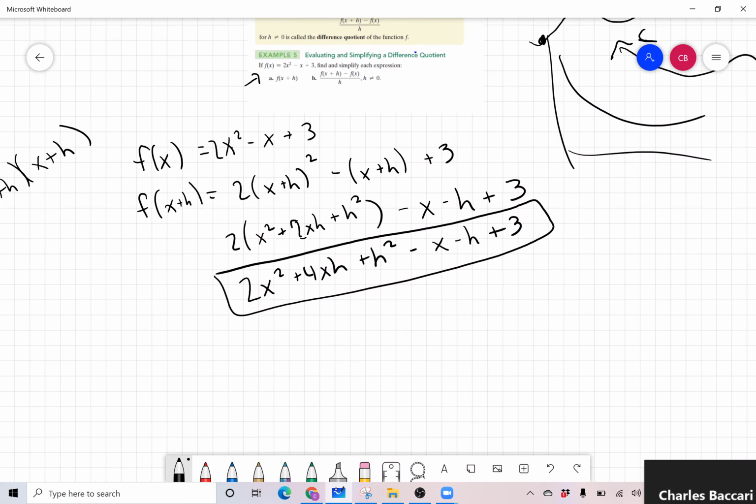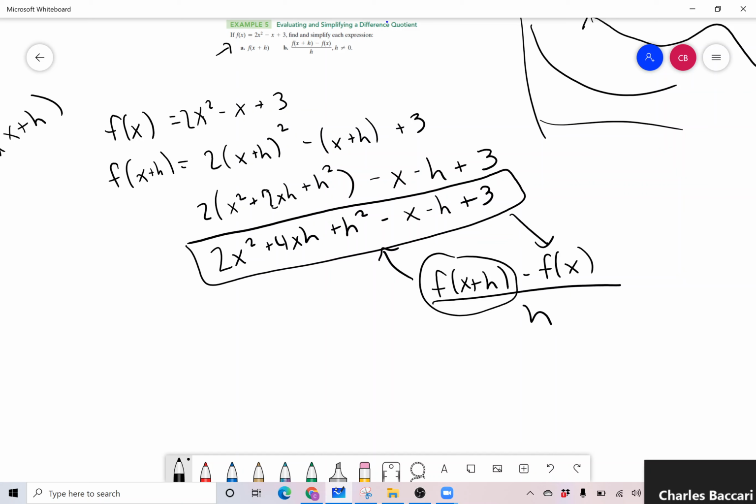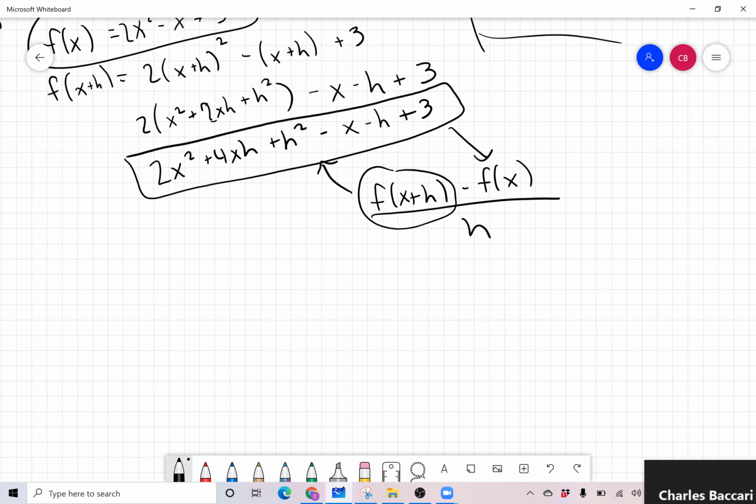And now for part B of that question above, I'm going to do the f of x plus h minus f of x over h. Well, this thing is this thing, and that is just this. So let's plug all that in and see what it does.